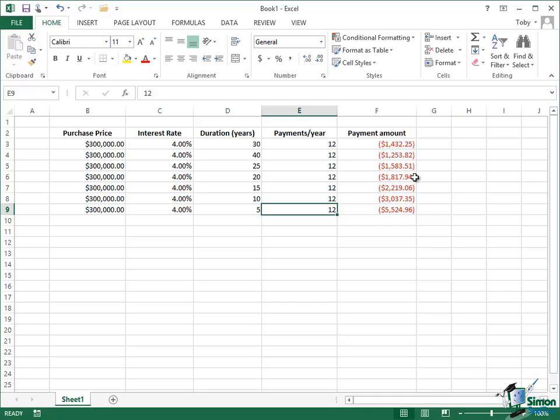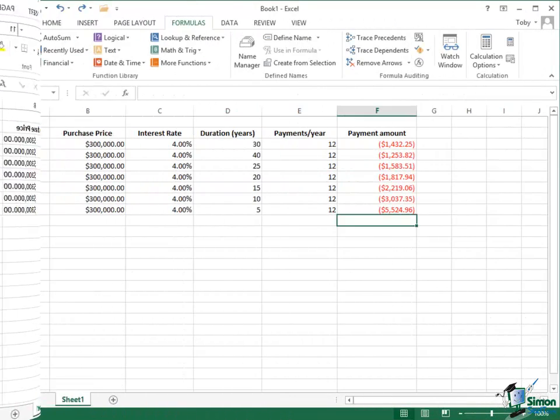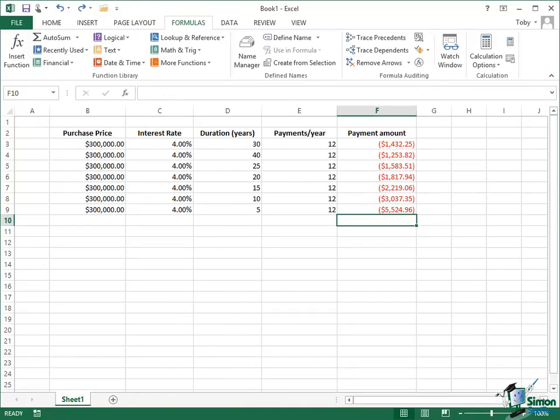So that's less than $400 extra per month. I could reduce the loan term by 10 years. So that shows you how easy it is to experiment with these figures once you're using the PMT function. Now, one of the great strengths of being able to do this sort of thing in Excel 2013 is that there are many other financial functions that can help with an analysis like this one.